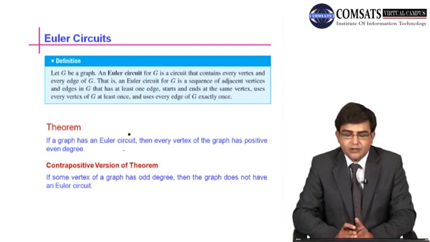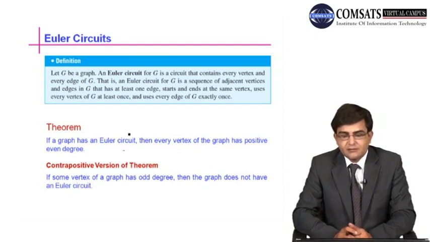The starting and ending point of a circuit is the same, and edges cannot be repeated in a circuit, while vertices can be used at least once. So an Euler circuit for G is a circuit that contains every vertex and every edge of G.